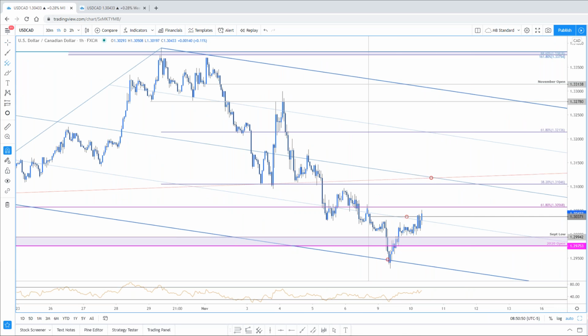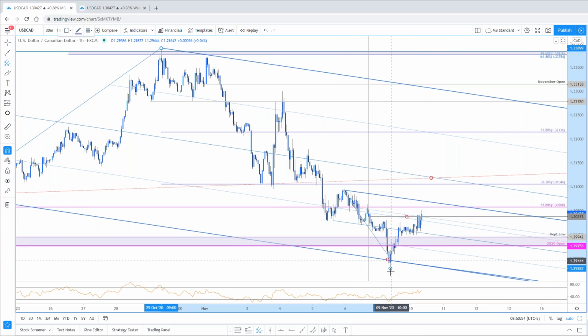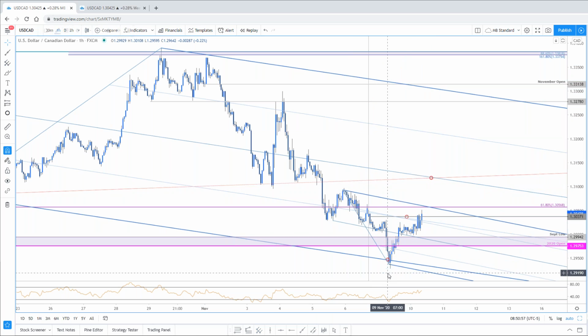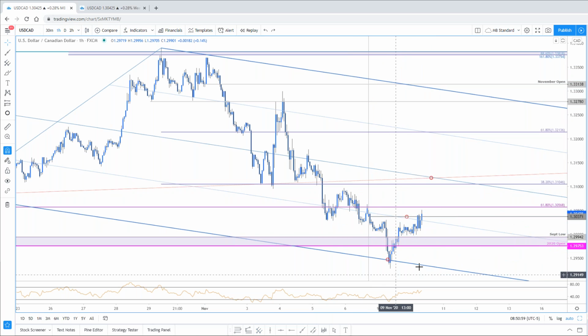There's nothing here yet. Even something like this does no good. So we need to see a break of resistance here if this is going to hold, if it's going to suggest that this was any somewhat important near-term low in price.